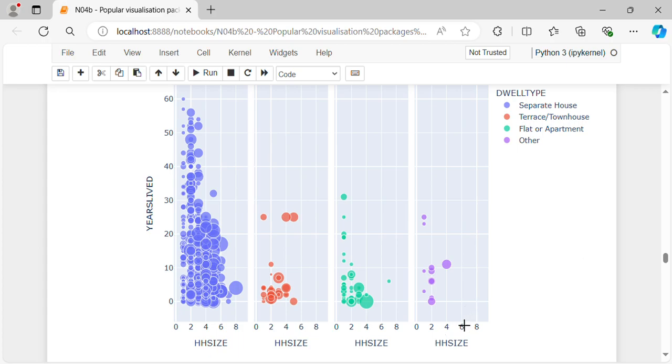And for the purple one, which represents other types of dwells, the household size 0 to 2 shows the highest number of years lived. And for household size 4, the total trips made is 12, and years lived is around 11.